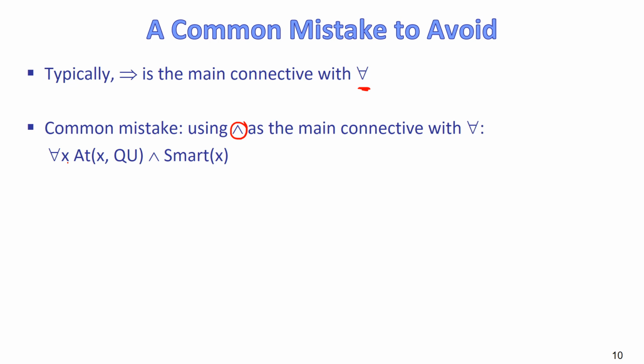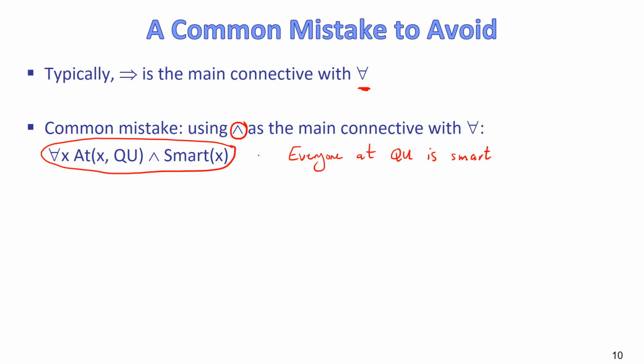For all x, at(x, QU) and smart(x), or in other words, x is at QU and x is smart. Is that the same as saying that everyone at QU is smart? Are these two things the same?